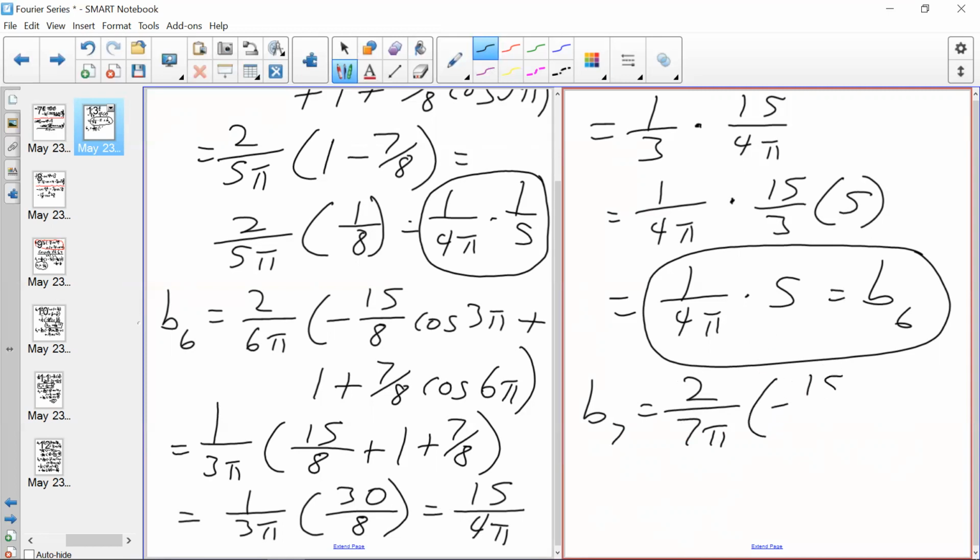And that becomes negative 15 over 8 cosine 7 pi over 2, plus 1 plus 7/8 cosine 7 pi.